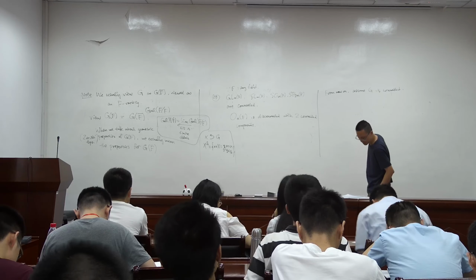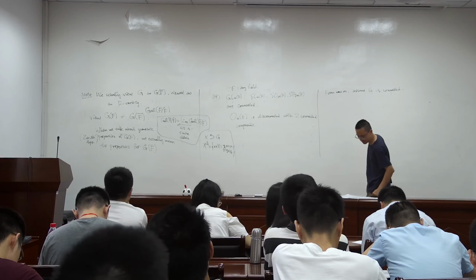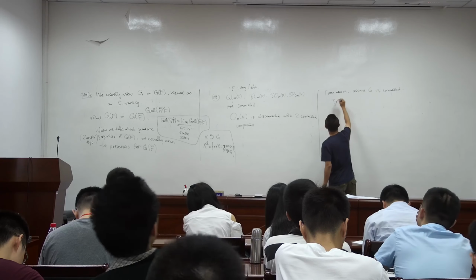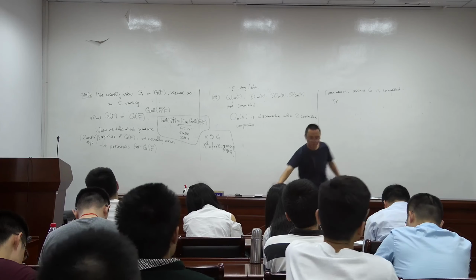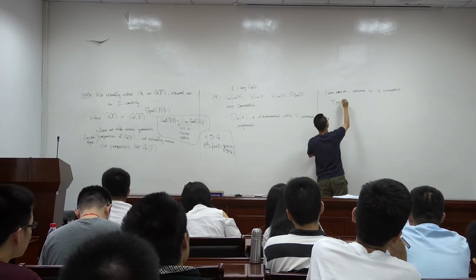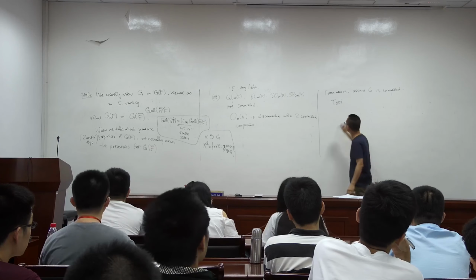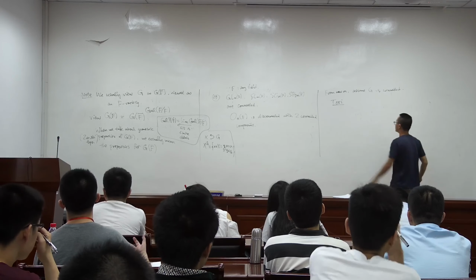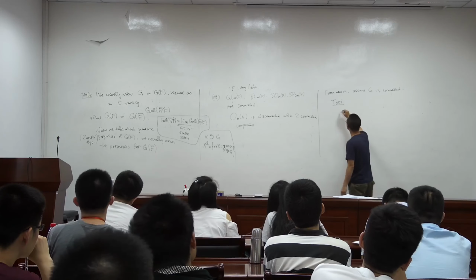So there are a couple special types of subgroups in a reductive group. The first one that I want to talk about is tori, the plural form of torus.